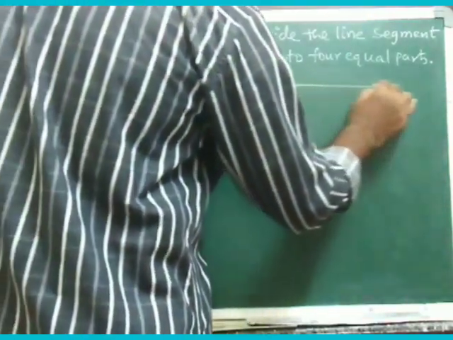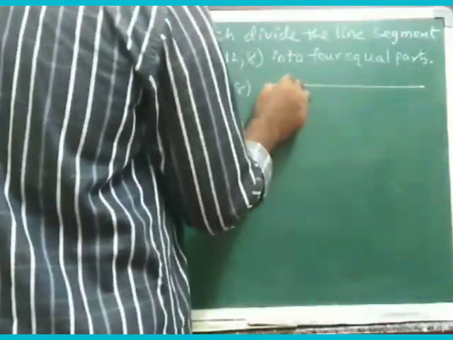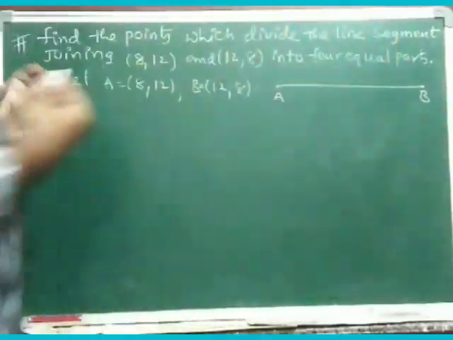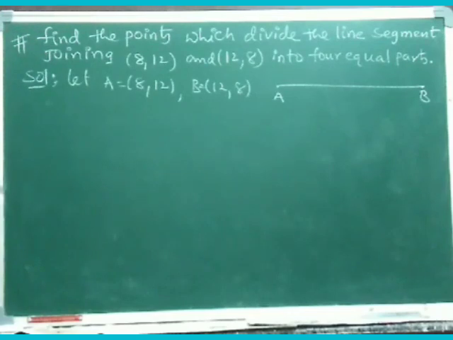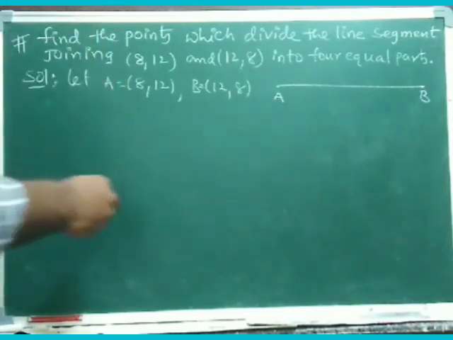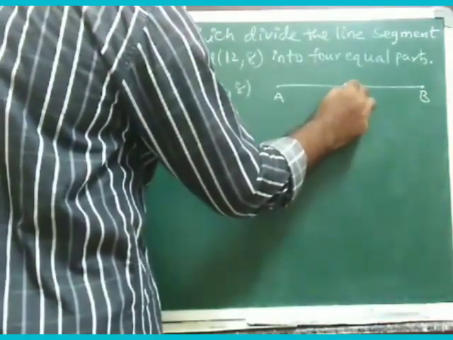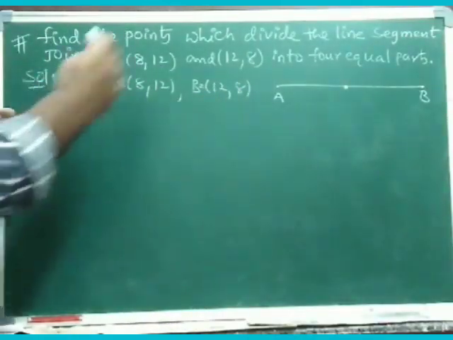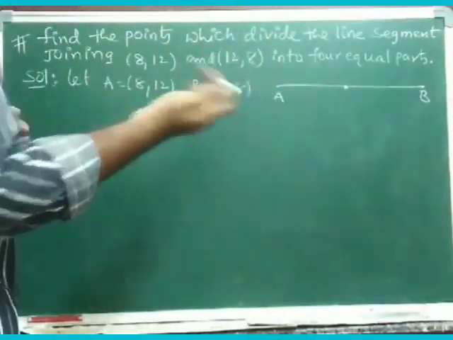Now try to understand the question here. We need to find the points which are dividing AB into 4 equal parts. If it is exactly the midpoint, AB is divided into 2 equal parts, isn't it?